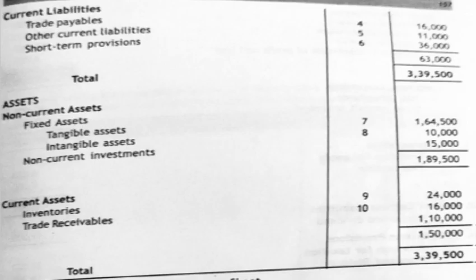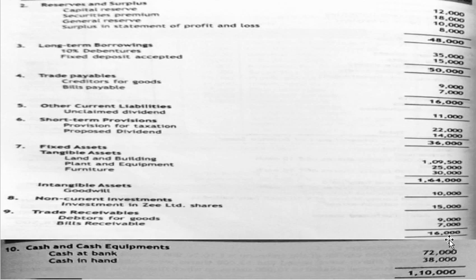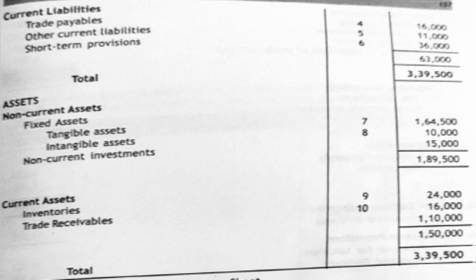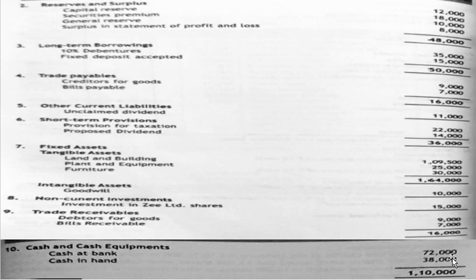So we will be recording that under current assets as trade receivables, working note 9, 16,000, as per the working note. Then cash and cash equivalents has not been recorded here, so please record cash and cash equivalents, working note 10, which is 1,10,000 as per the working note.